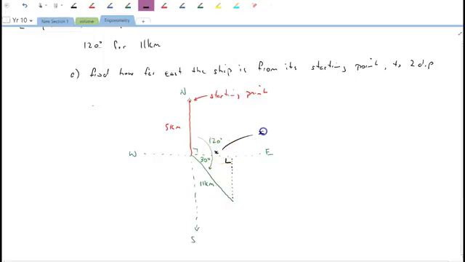So x equals distance east from starting point. And if we're interested in distance south from starting point, well, it's that 5 plus that bit there. So we would say that y is equal to the distance south from starting point.